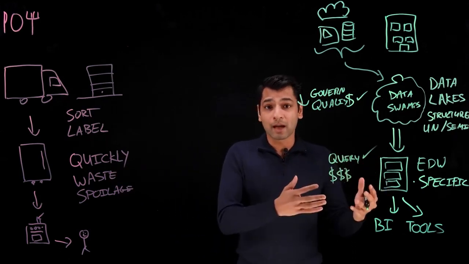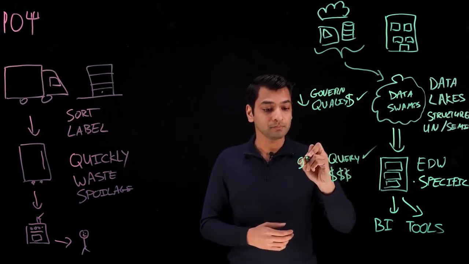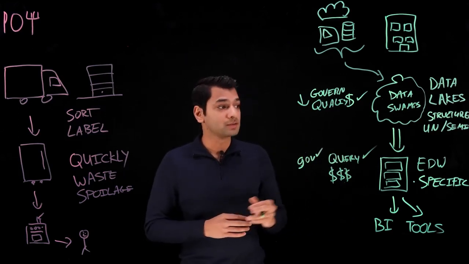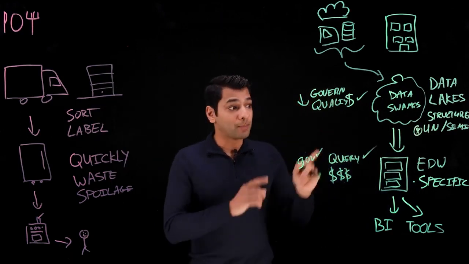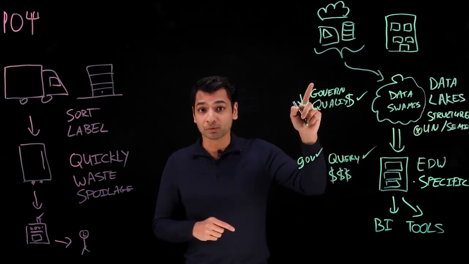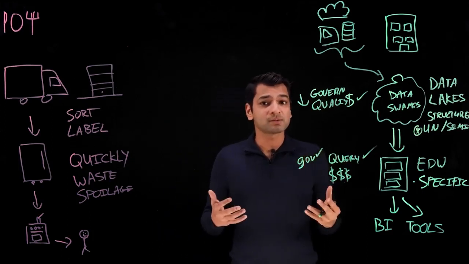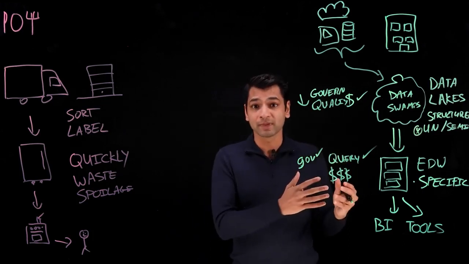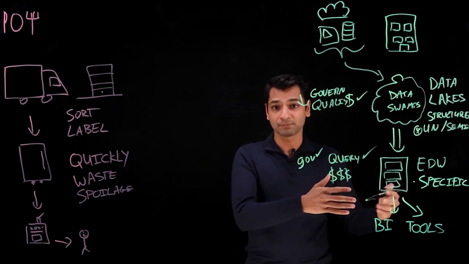Now, they can be better optimized to maintain data governance and quality, but they have limited support for semi-structured and unstructured data sources. By the way, the ones that are growing the most, that are coming into our organization. And they can also sometimes be too slow for certain types of applications that require the freshest data, because it takes time to sort, clean, and load data into the warehouse.